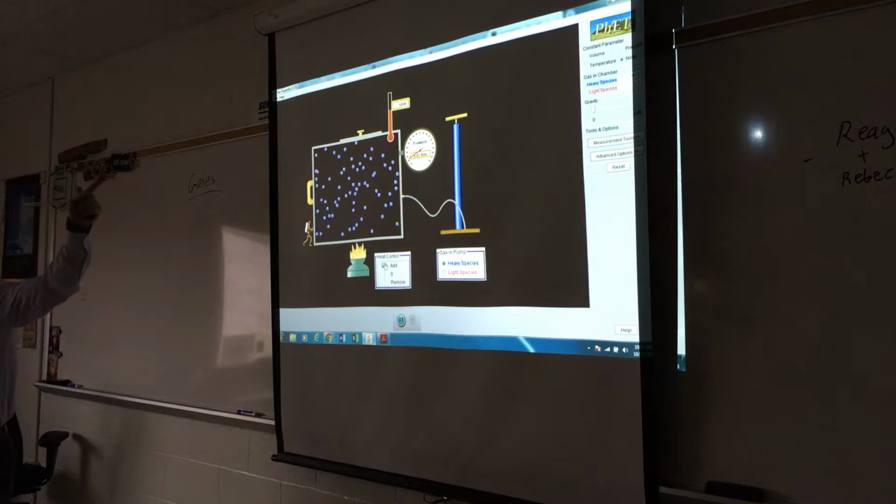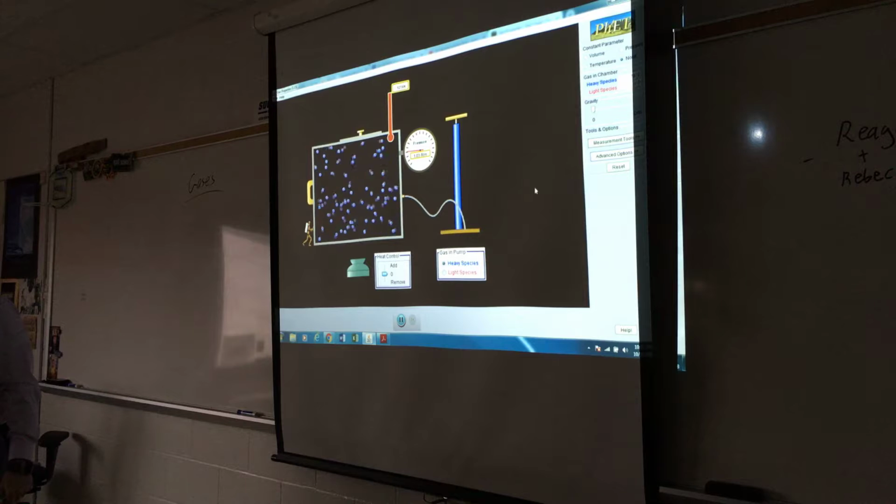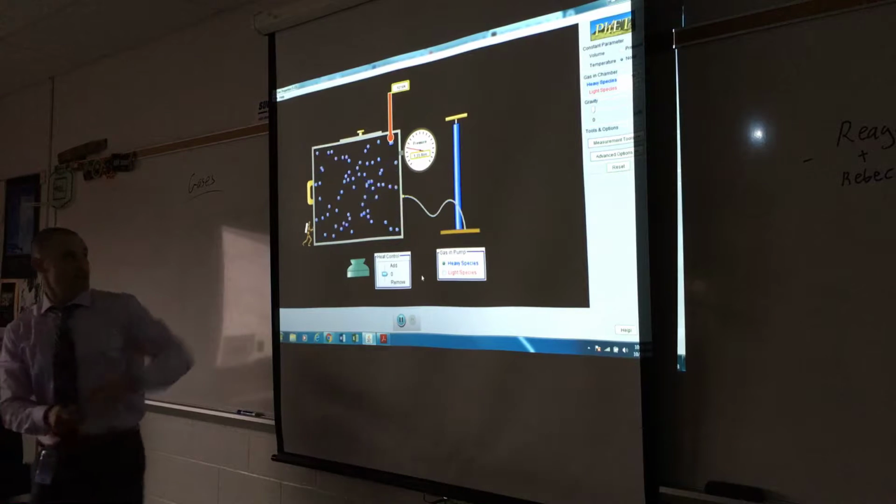Watch the temperature gauge go up. Notice the pressure starting to change a little. Our little scuba diver here is struggling. Now, this is a great example. See how slow this was moving?